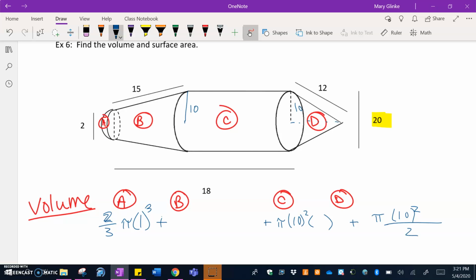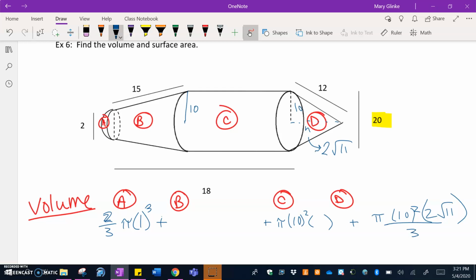If we do 12 squared equals 10 squared plus our height squared, then we'll be able to figure out what that is. And when we do that, we end up with a height of 2 root 11. So we're going to get 2 root 11 for our height. And so that would give us the volume of the cone, and it should be divided by 3.